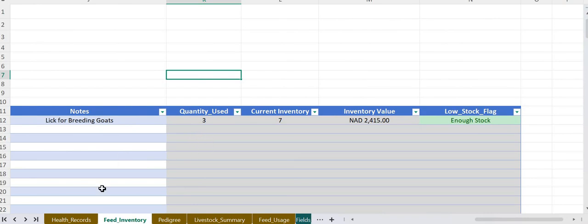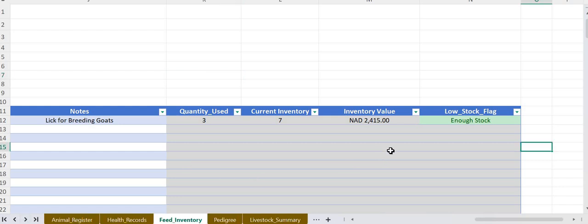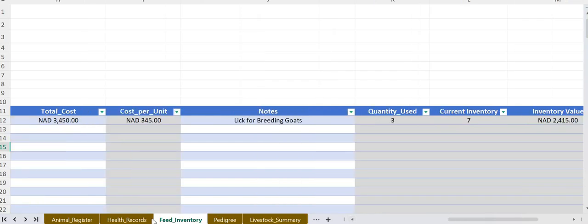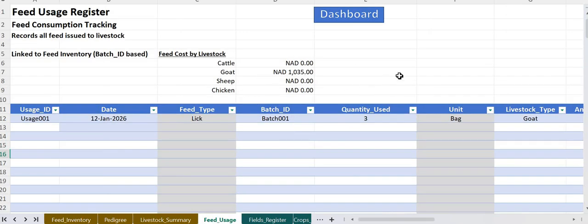Nothing to worry about. And one of the things I also wanted to show you, especially when it comes to the financial statements, let's quickly go back to the usage. We said that this has cost us 1,035 to feed.